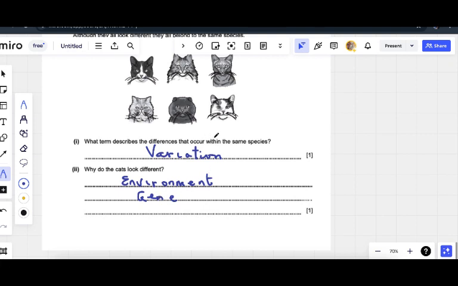Like human beings, even if we are the same species, we look different because we are from different parents, different races, different tribes, and different countries. So we look different. Is that okay? So this is what it is.